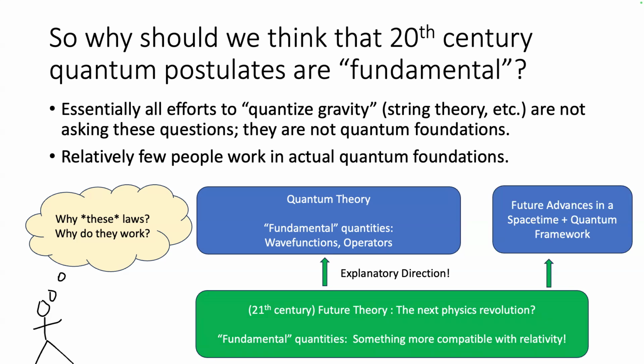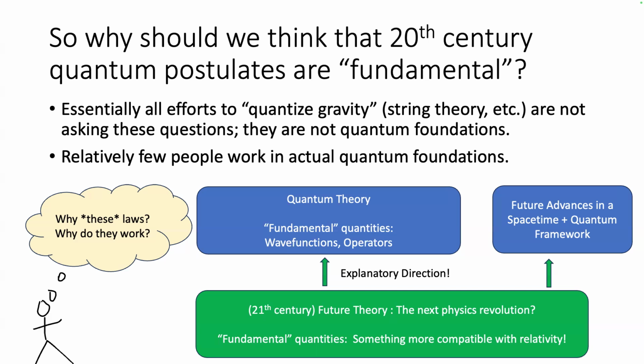And maybe they would look very different from what people imagine quantum gravity is going to look like, because especially if what's down here is something more compatible with relativity, something that lives in space and time, to explain why quantum theory works the way it does, then maybe there'd be a whole new path to reconciling gravity and quantum. Not the way that they imagine it happening now, where you actually take space-time and quantize it. Maybe that's the wrong approach. Maybe you want to start with something in space-time and build up from there.